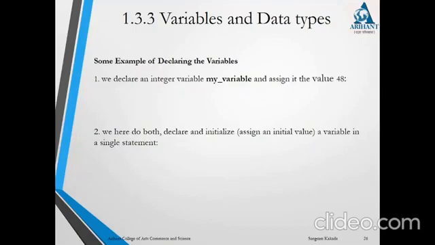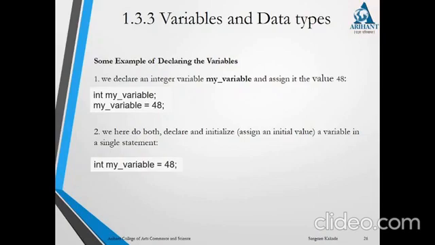Now we'll see how to declare a variable in your program. In the first case, we have declared an integer variable named my variable, and later we have assigned it the value. int my variable. int is the type of the variable. You will see the data types in this video lecture itself. But int is an integer data type. I have declared my variable of that data type.